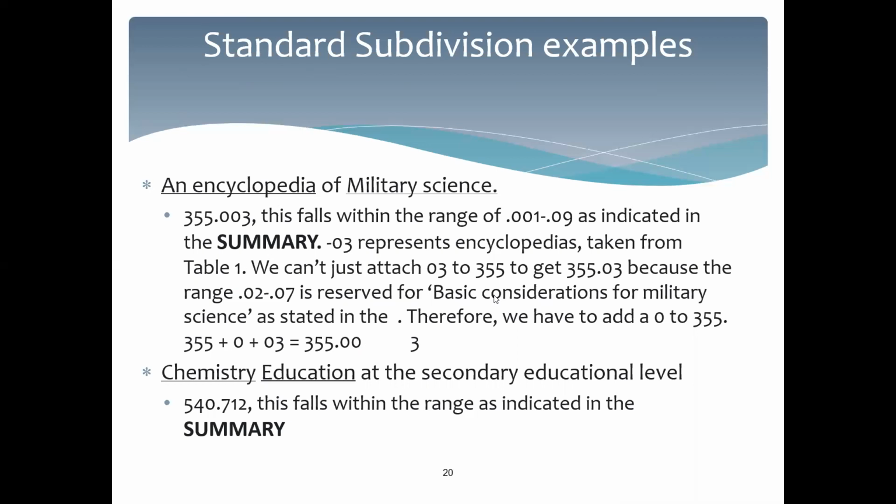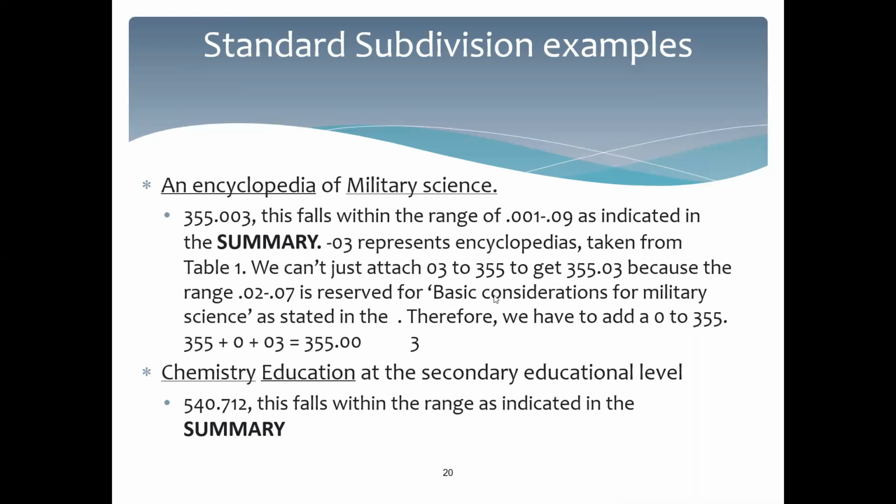But we can't just attach that 03 to 355 to get 355.03, because the range of 0.02 to 0.07 is reserved for basic considerations for military science. That's all in the summary there. So therefore you have to add a zero to make it go over 1.